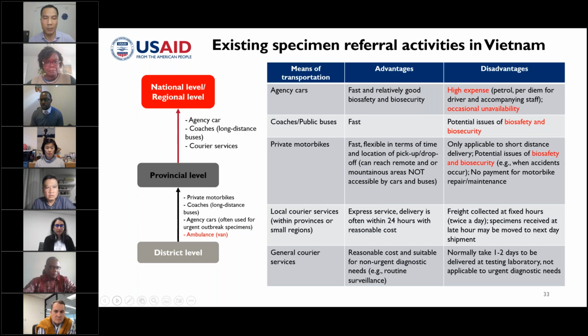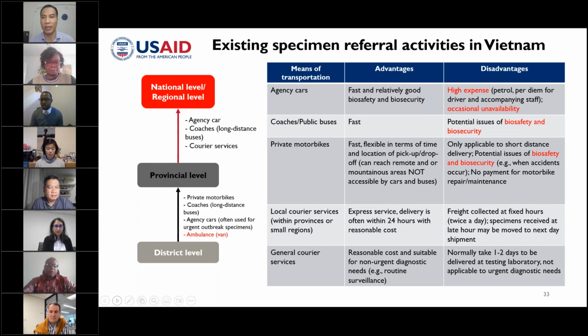And you may want to know that in Vietnam, the transportation means are quite diverse and accessible, including agency cars or public buses, including short range within the city or long range, which we refer to as coaches, and also private motorbikes.